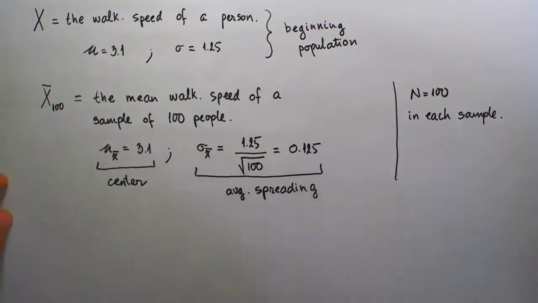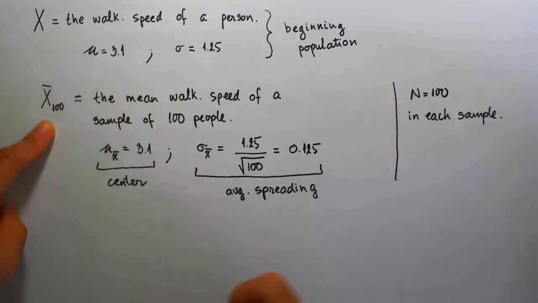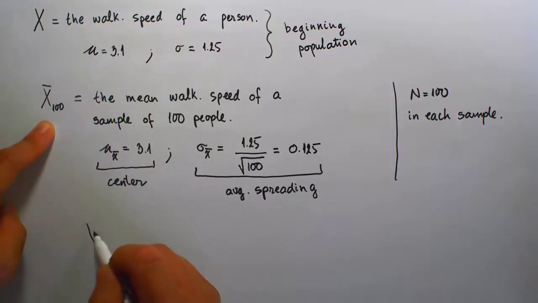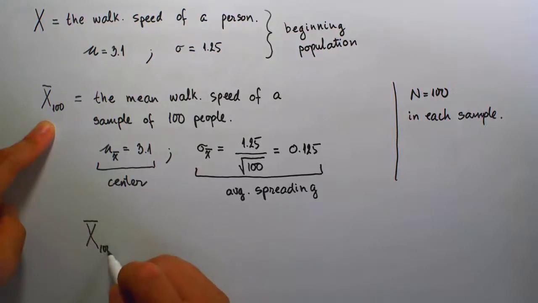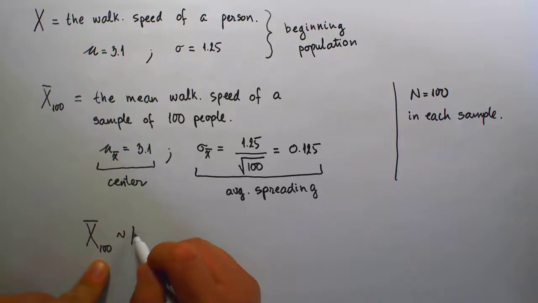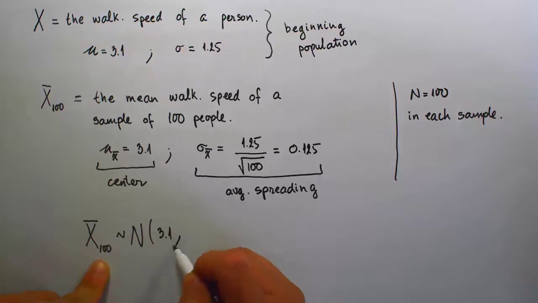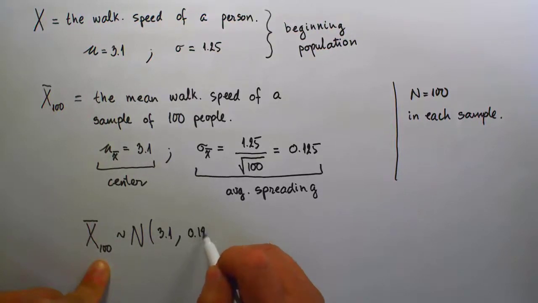The next step once again is to decide, because at this point anyone viewing this video is well aware that we are going to have infinitely many sample mean values where each sample is 100 people. Having such a large population of sample means of size 100, we want to know if this capital X bar, as a population of sample means, can be normally distributed at center 3.1 and standard deviation 0.125 or not.